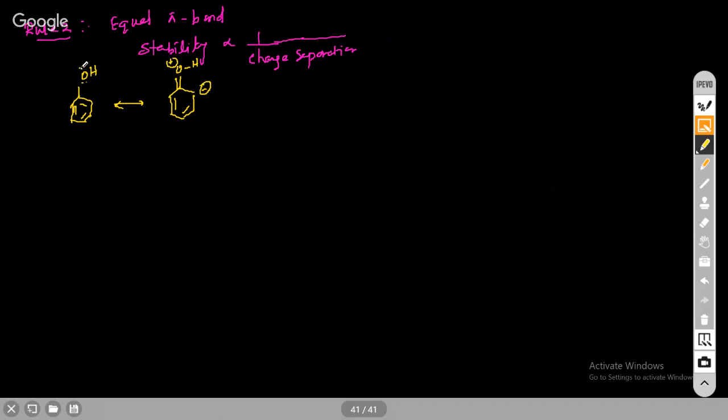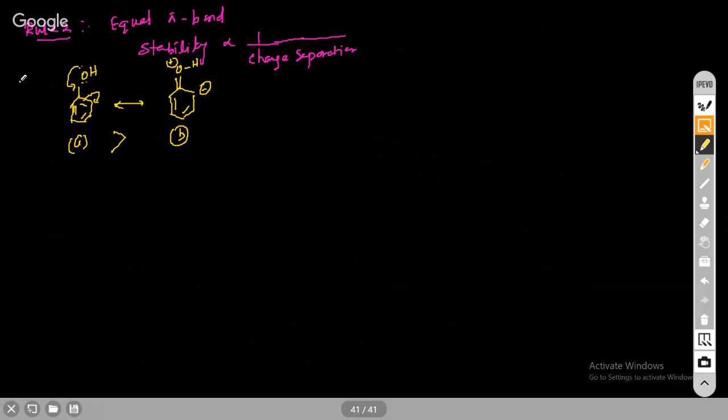This lone pair comes over here and this pi electron comes over here, right? So in this molecule, in A and B, the number of pi bonds are equal, but here we don't have any separation of charge. Here we have charge separation. So obviously when charge separation is there, stability will be less. So stability of A is more than that of B. Is it clear?